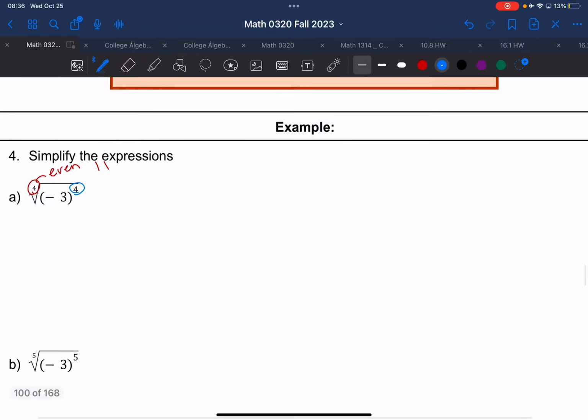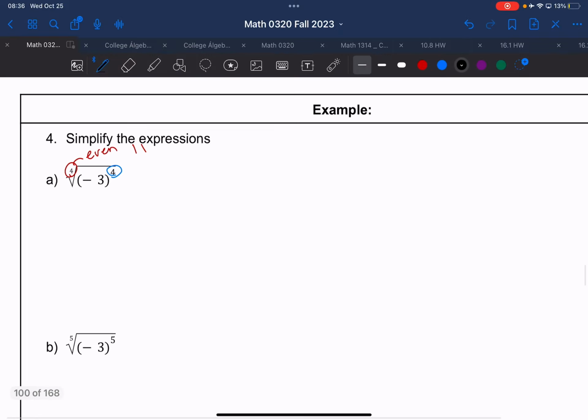Since they match, that means it cancels, and we're left with just whatever is inside the radical. But we have to put absolute value bars around it. And those absolute value bars do what to our problem? Yep, makes it positive. So our answer is 3. And that is only because our nth root was even.